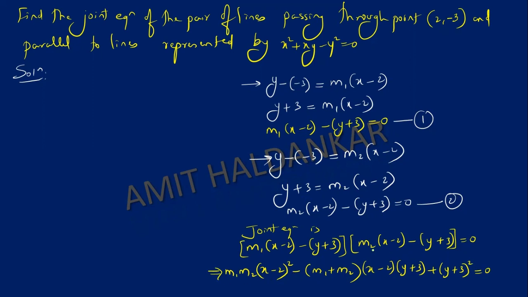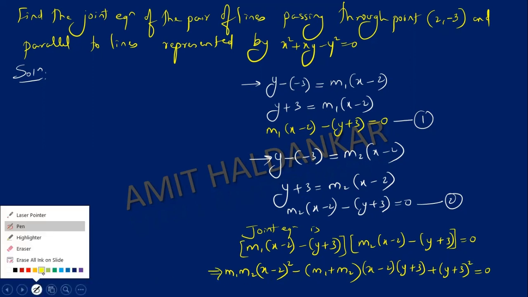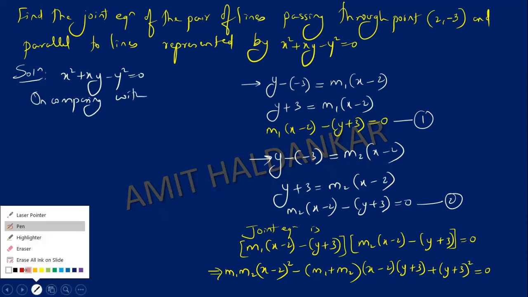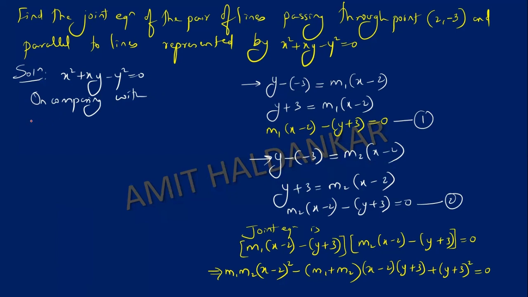Now I require m1 plus m2 and m1 into m2, these two values. So initially I'll compare the given equation x square plus xy minus y square with the equation ax square plus 2hxy plus by square is equal to 0.